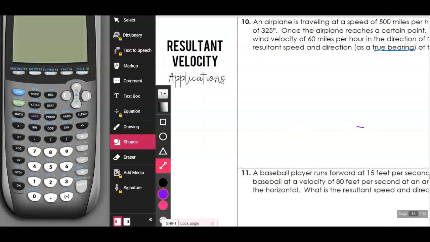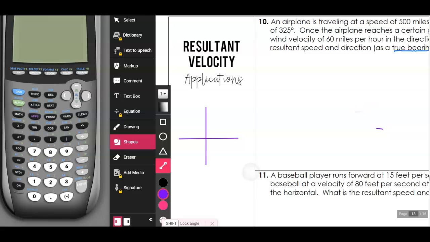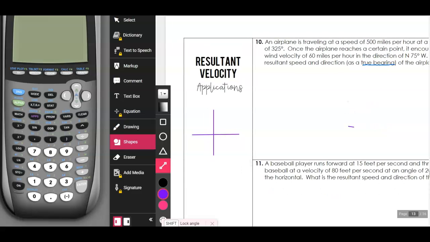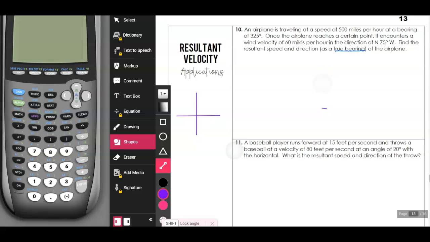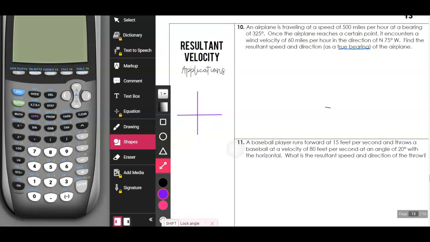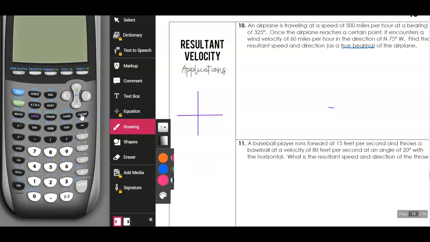Now, just to make sure I have enough room, I'm going to draw my diagram over to the side here. All right. And it tells us that the first path this airplane takes has a speed of 500 miles per hour and a bearing of 325 degrees. Where do we think of that bearing starting? Where does that bearing start?